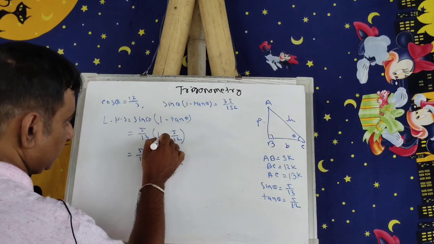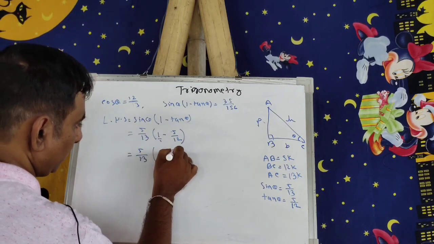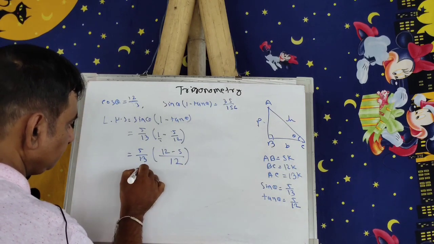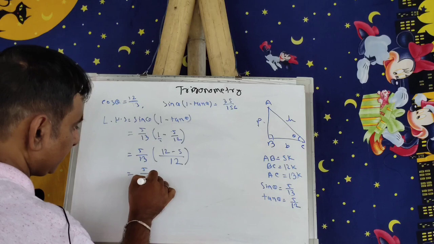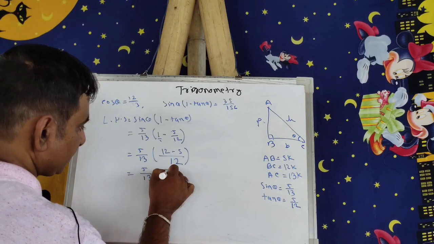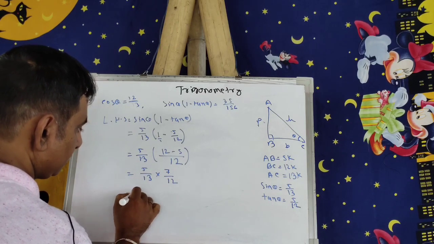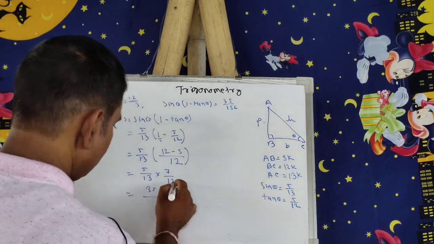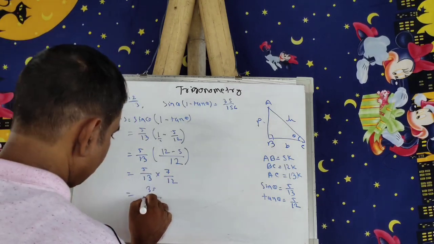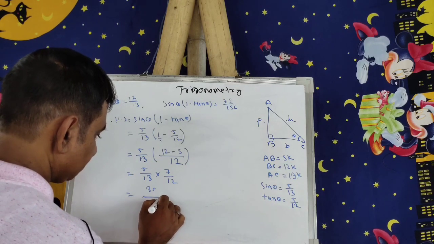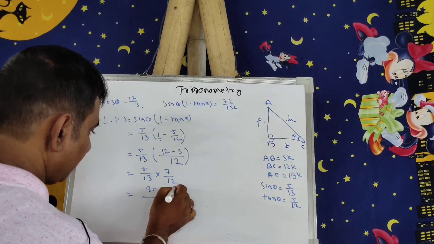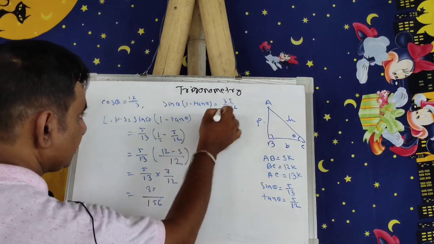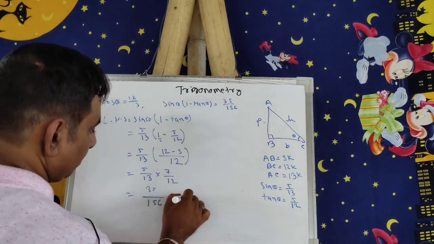So, this will be 12 minus 5, understood that, no, equal to 5 by 13 into 7 by 12. So, 5 into 7 is 35 by 12 into 13, 12 ones are 12, 12 plus 3 is 15, 156, equal to right hand side.